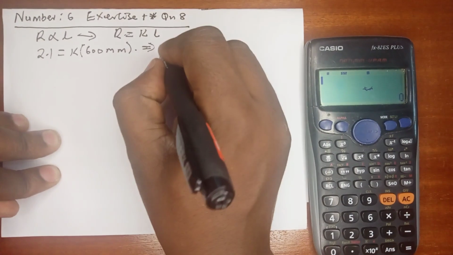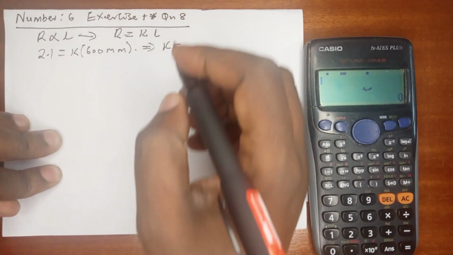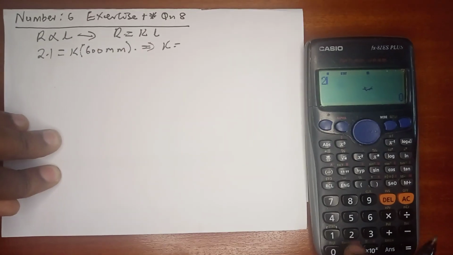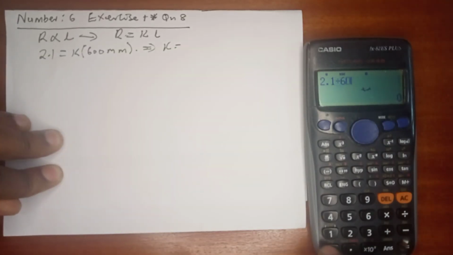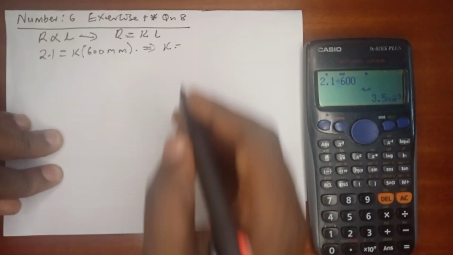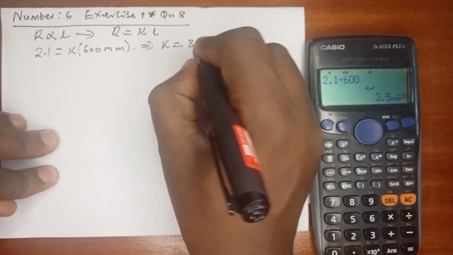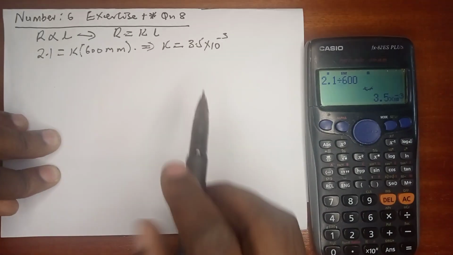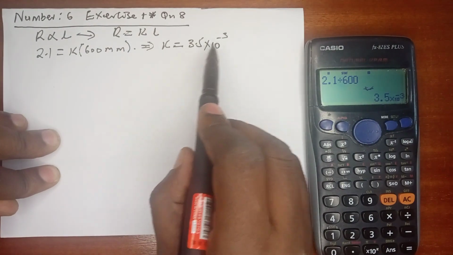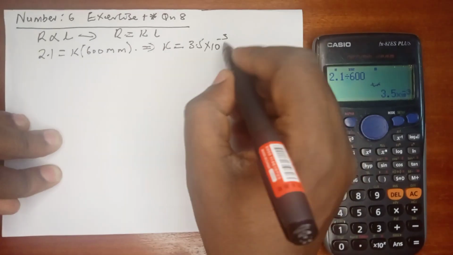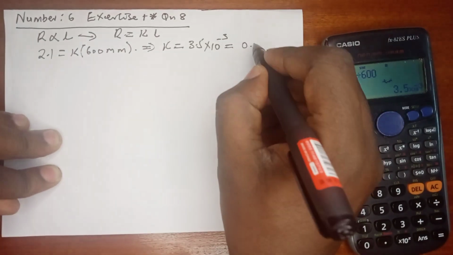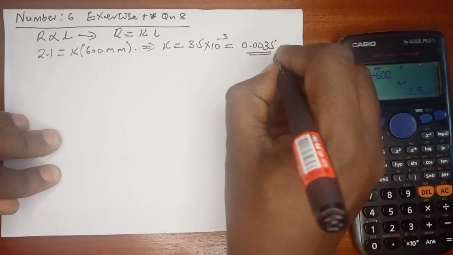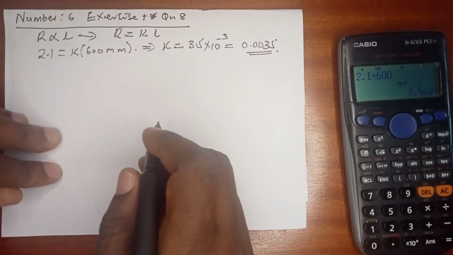So 2.1 divided by 600, we get 3.5 times 10 raised to the power minus 3, where the decimal point will have to go 3 steps to the left, making K to be 0.0035, and that is our value of K.